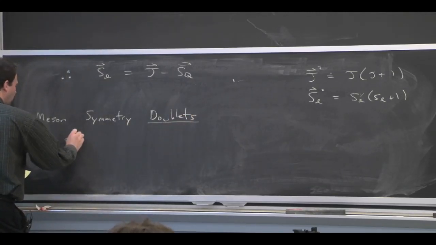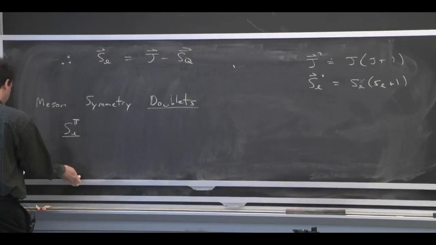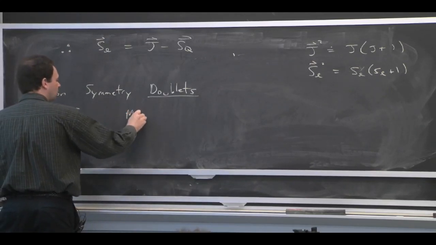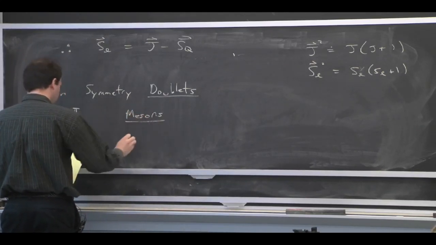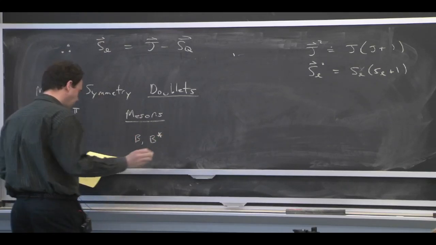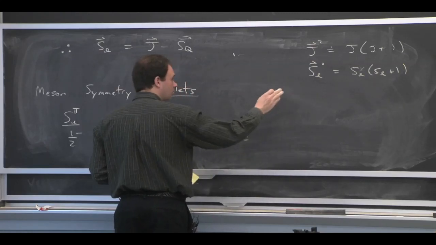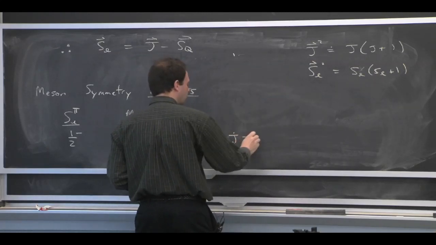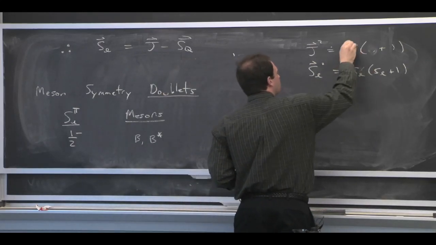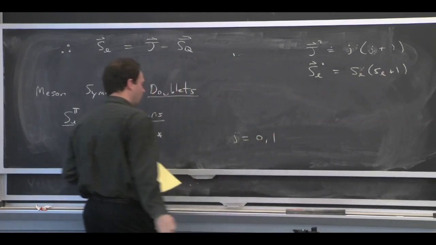So let's pick an SL and some parity, make a little table. If we take a half minus, there's two mesons that fall in that camp, a B and a B star, that have little, well, let's call it capital J. Let me call it little j. J is 0 and 1 for these guys.